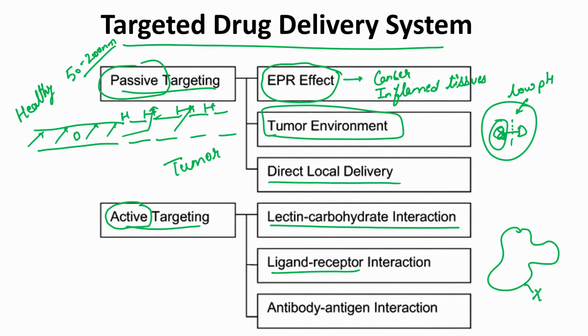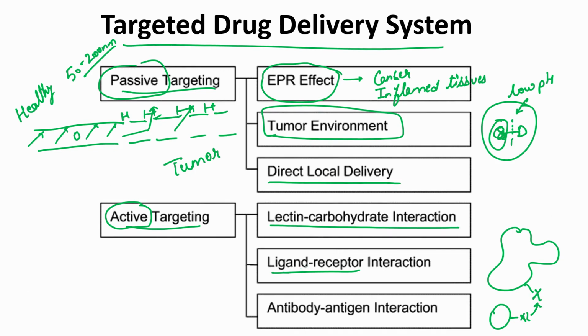Then if I put my particle with the ligand of X, then this is actively targeted to the tumor, because now it is going to go and bind to the tumor cells and the tumor microenvironment. So, that is active targeting.